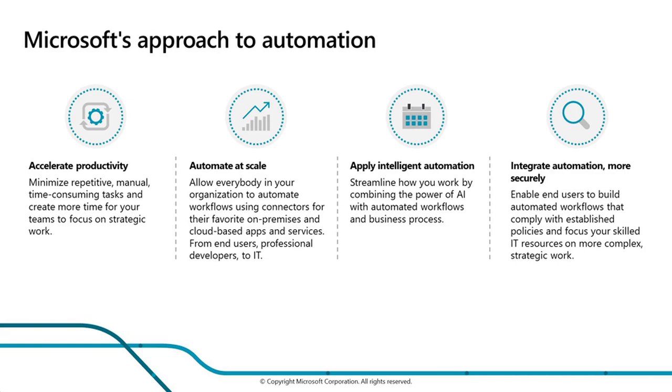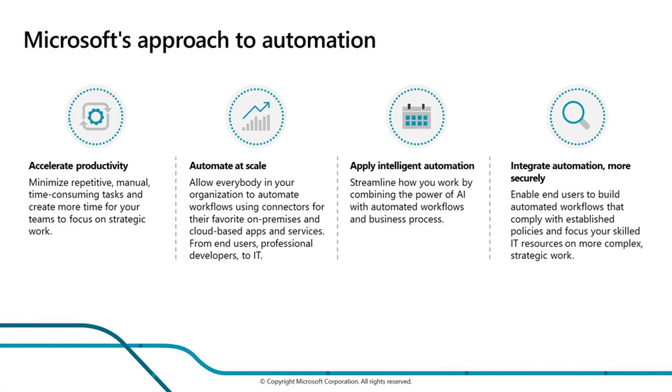Okay. Third, apply intelligent automation. Streamline how you work by combining the power of AI with automated workflows and business processes. So that's the big thing, right? We are all trying to apply intelligence in our systems. But first, let's see if we can define clearly what is the process you want to automate.